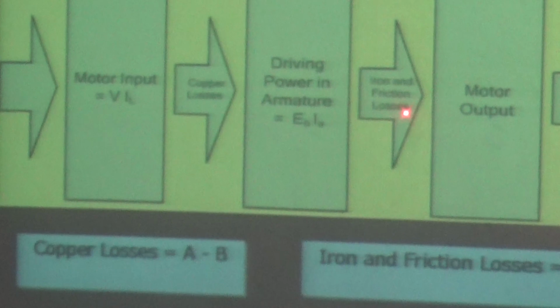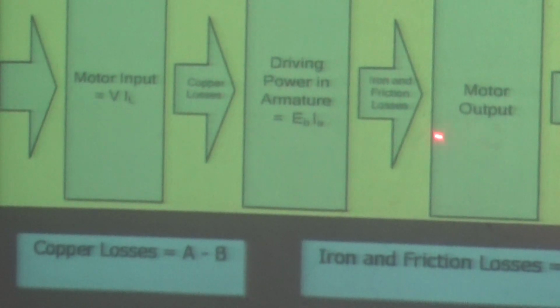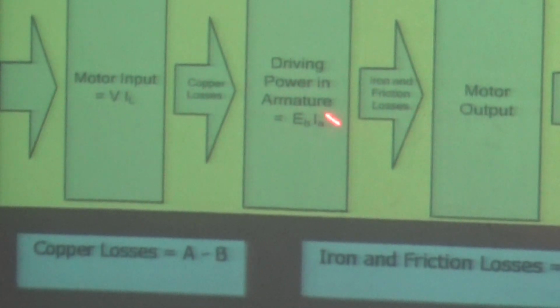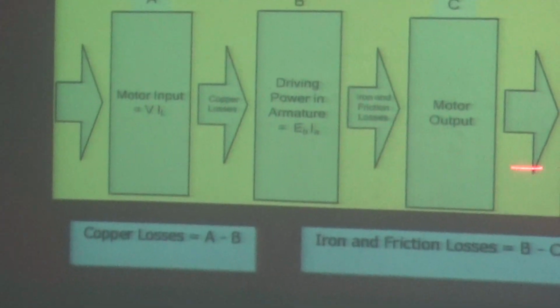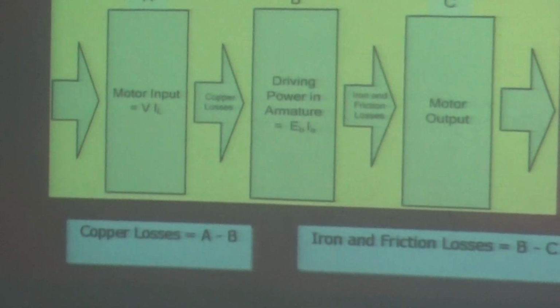Then, may losses yan. The iron and friction losses. Iron losses are the losses from magnetizing currents, and hysteresis losses. Friction losses yan yung losses due to friction or sa mechanical stage na siya. Then that's the time na lalabas yung motor output. Ilang torque yung kaya na i-handle.